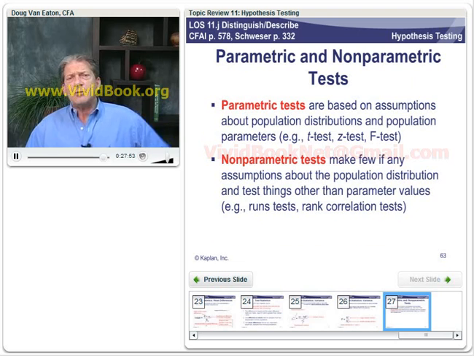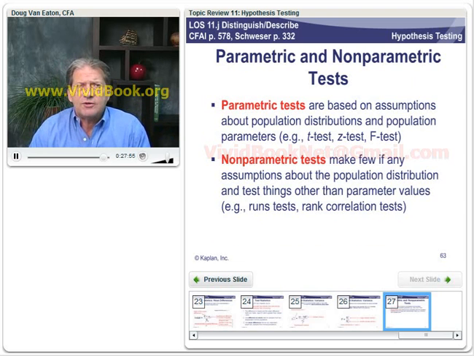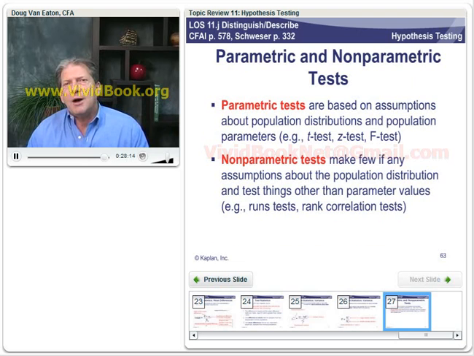The last thing we have to discuss here in hypothesis testing is parametric versus non-parametric tests. Remember, the parameters of our distribution are the mean, standard deviation, skewness, kurtosis, things like this. Those are our parametric tests. So they're based on some assumptions about how the population is distributed and what the population parameters are.